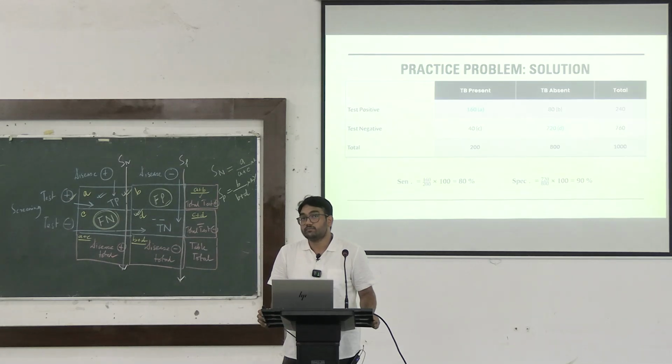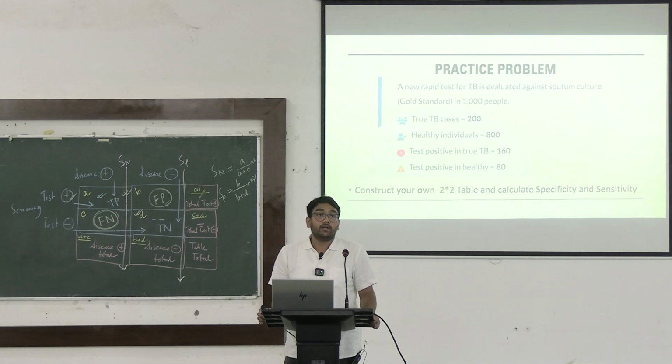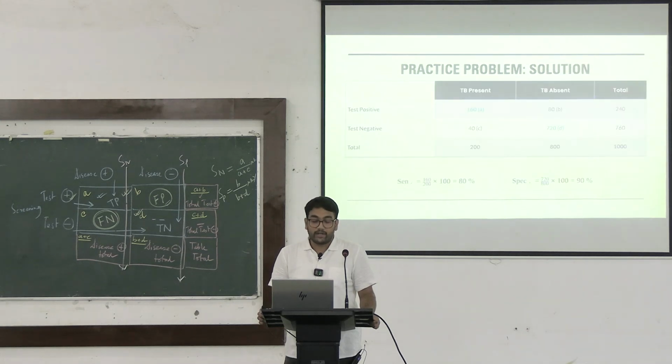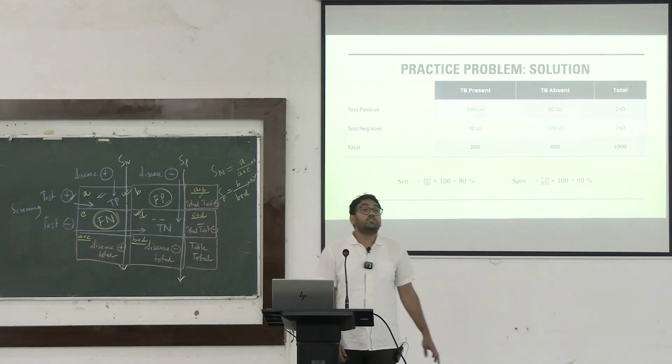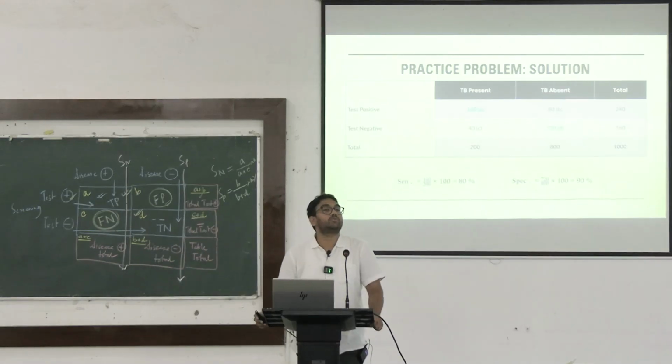Okay. So is this clear? This sum was given. This is the 2 cross 2 table that you must find out. When you are given this problem in the exam, you must first formulate the 2 cross 2 table. Then you have to define sensitivity, write its formula, do the calculation and give a comment. Then again define specificity, write its formula, do the calculation and give a comment. Then only you will get full marks.